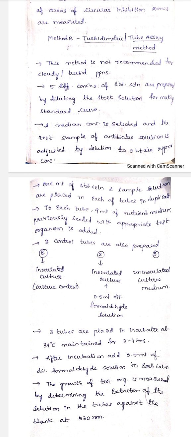A median concentration is selected, and the test sample of antibiotic solution is adjusted by dilution to obtain an approximate concentration. 1 ml of standard solution is placed in each tube, in duplicate, and to each tube we add 9 ml of nutrient agar medium and the test microorganisms. In the first test tube you add only the inoculated culture, and in the second test tube you add inoculated culture with 0.5 ml formaldehyde solution.